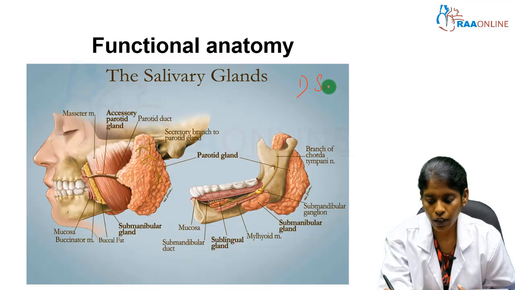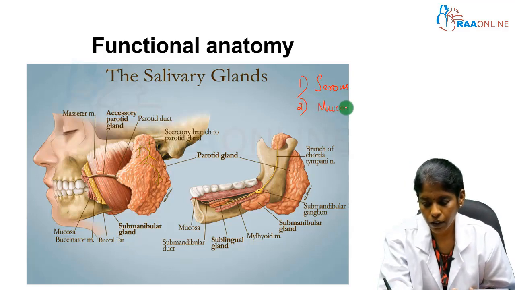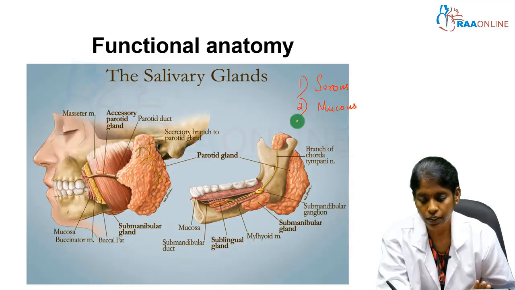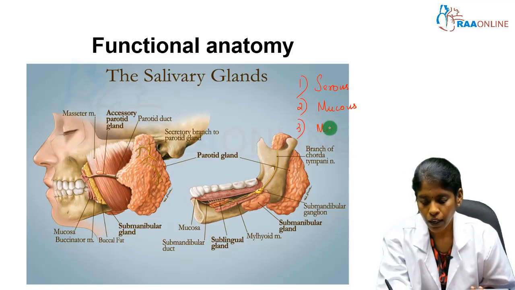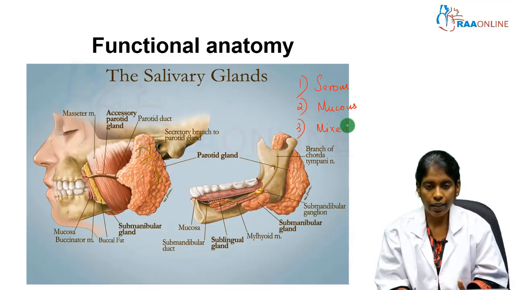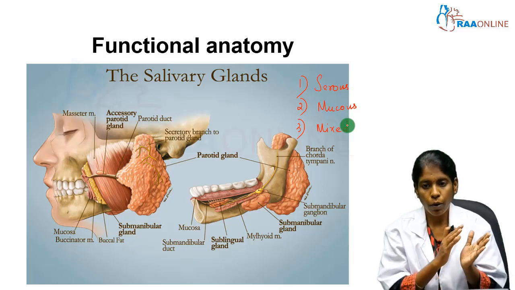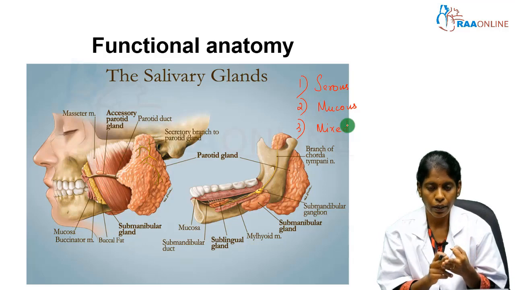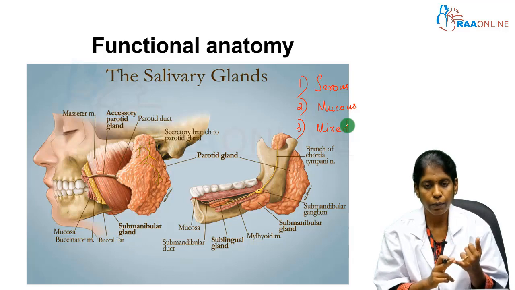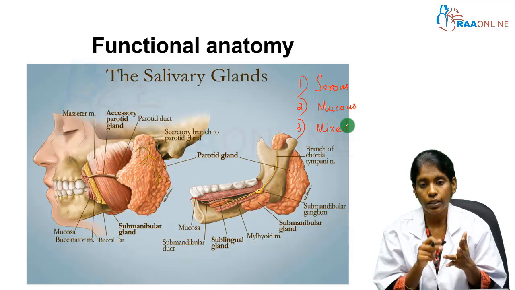Purely serous glands secrete only serous secretion, mucus glands secrete only mucus secretion, and mixed glands have both serous cells and mucus cells, so the secretion contains both serous and mucus components. Among the three glands, the parotid gland is purely serous, whereas the submandibular and sublingual glands are mixed type. They produce both serous and mucus secretion.